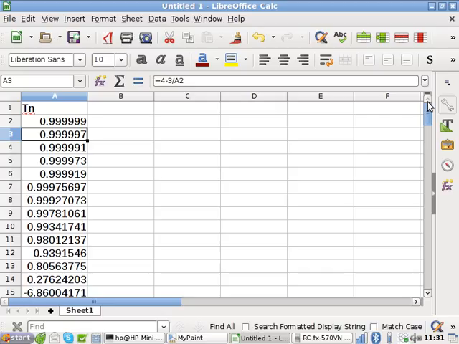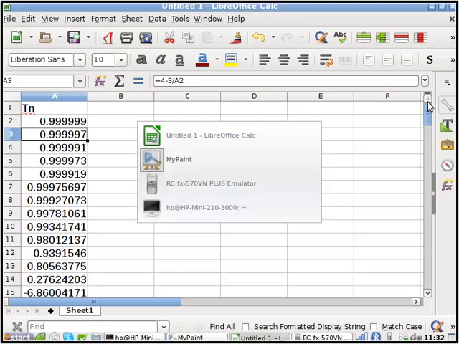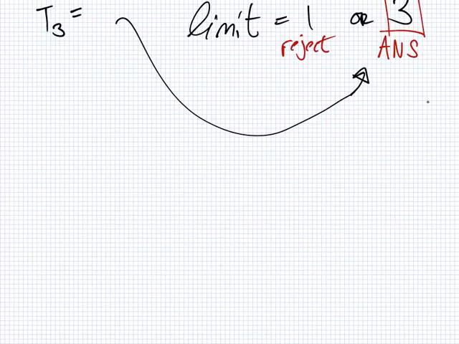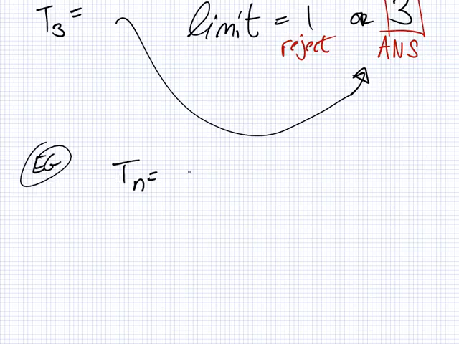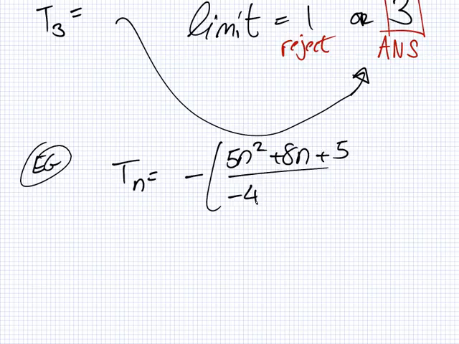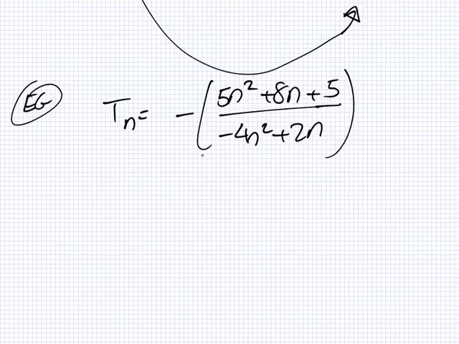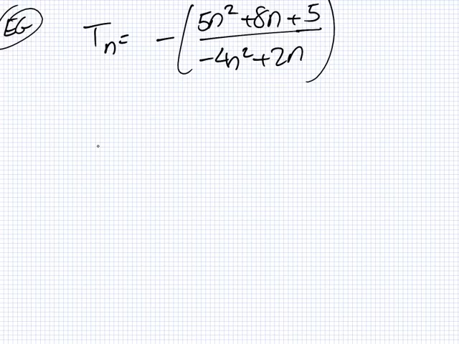Okay, let's have a look at the next type now. Example. Tn equals minus 5n squared plus 8n plus 5 over minus 4n squared plus 2n. Did you write this down? So let's see what this sequence is doing.